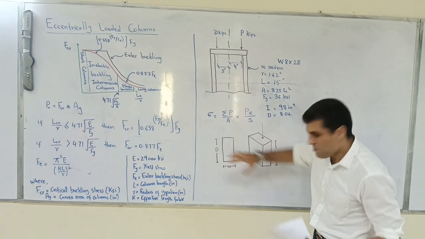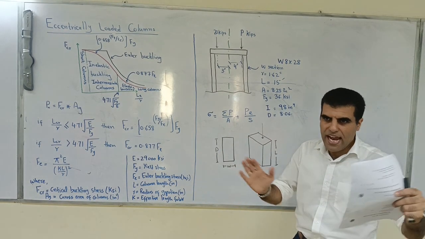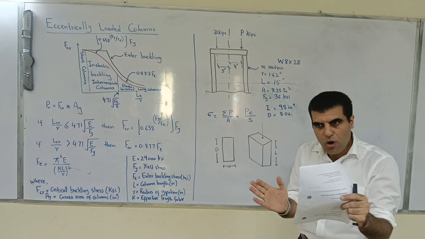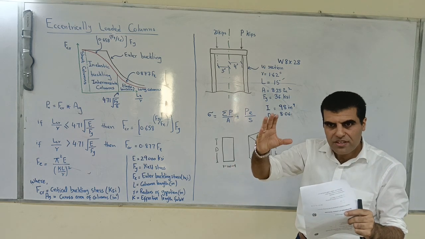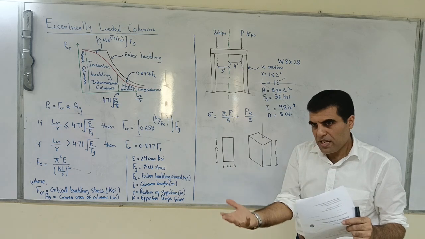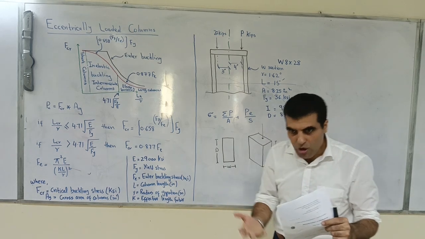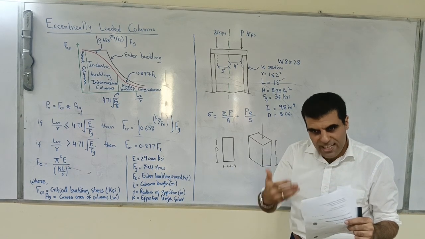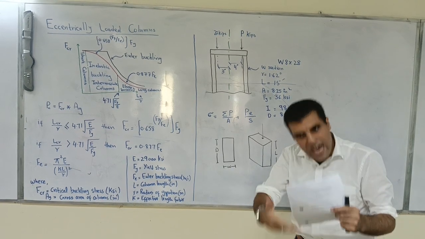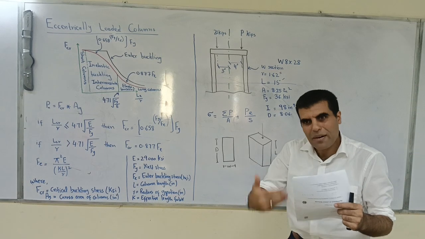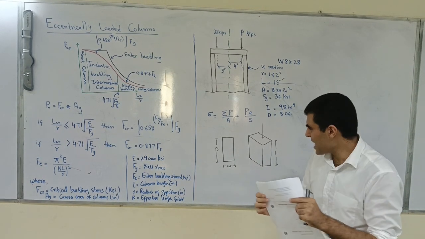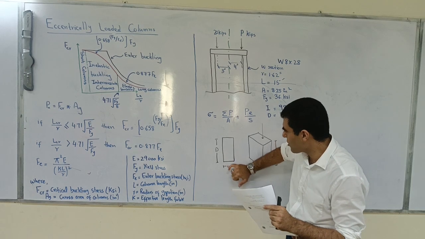So if you have got two dimensions and if I keep on reducing one of the dimensions as compared to the length, the compression member will buckle, and buckling is always out of the plane, in the outward direction.